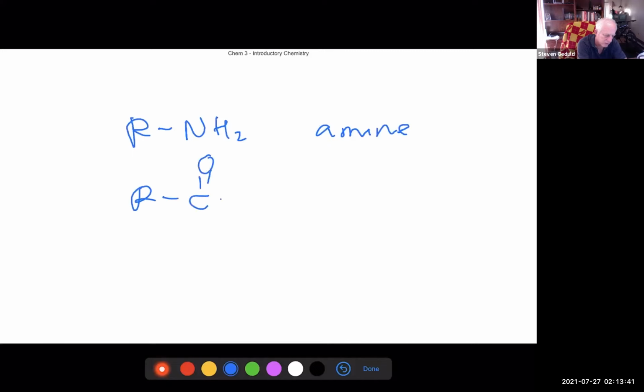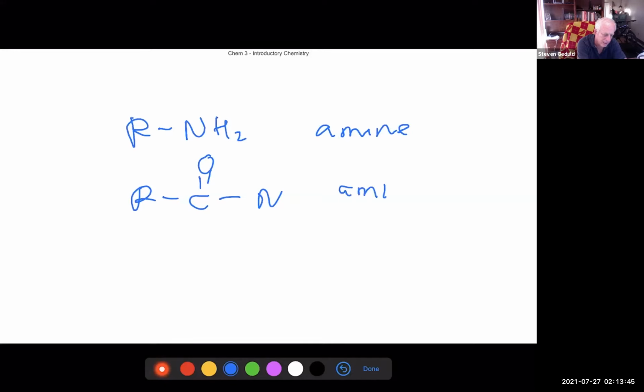Let me get to where they have it on here. They have esters. Okay, so if you had an R with a nitrogen group, say NH2, that's an amine. We have an R with a carbonyl group bonded to a nitrogen group.